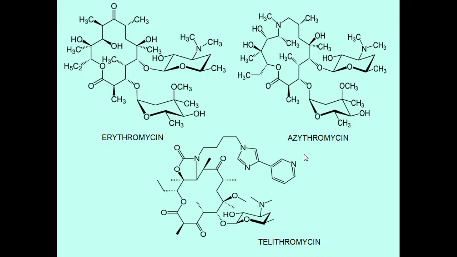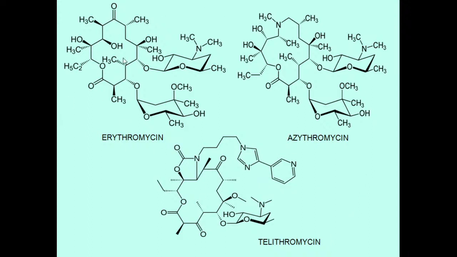Macrolides, azalides and ketolides. Erythromycin has a macrocyclic lactone ring. That is why they are all macrolides.